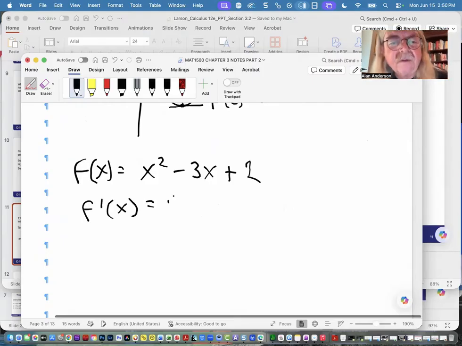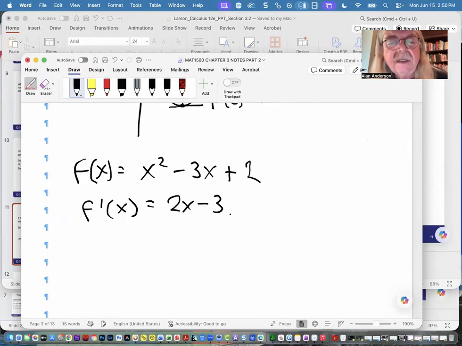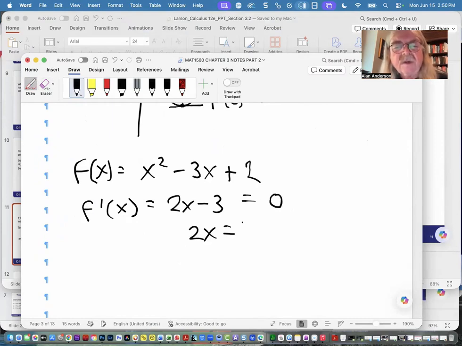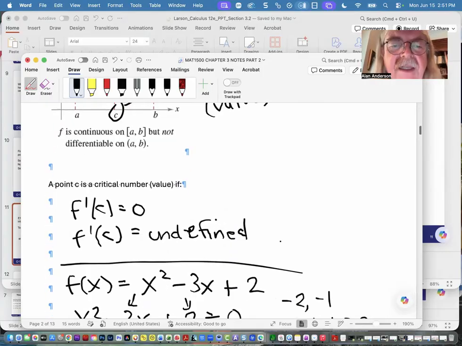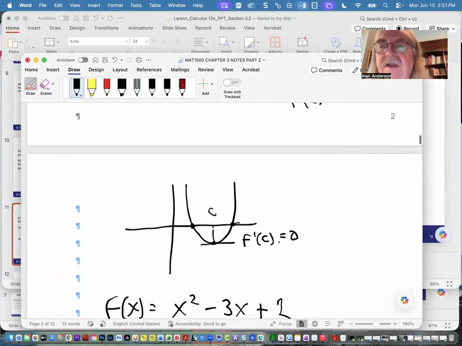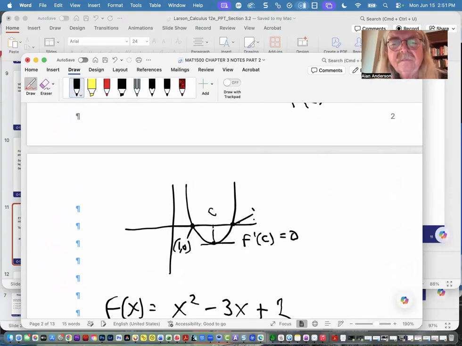So we use the power rule and we set this equal to 0. And that means 2x equals 3, x equals 3 halves. So that means here, halfway between 1 and 2, although it doesn't have to be halfway in between, but here it is. The c, we don't know what the y is there, but the c is 3 halves.